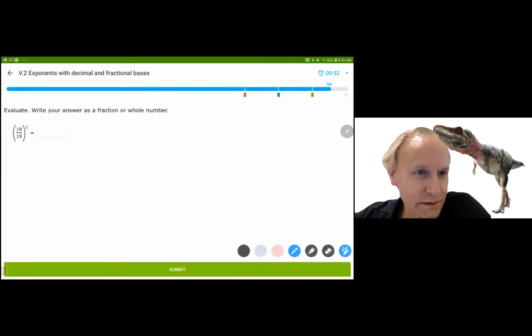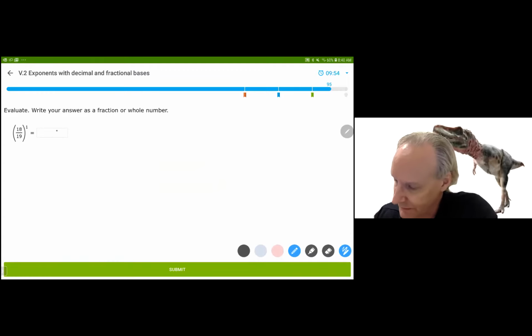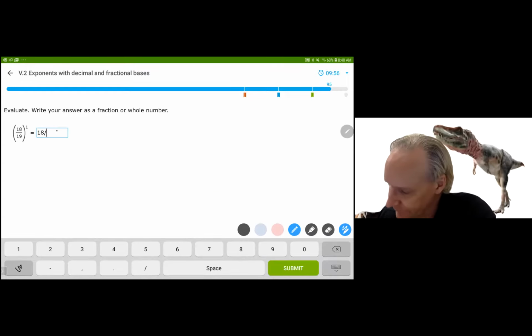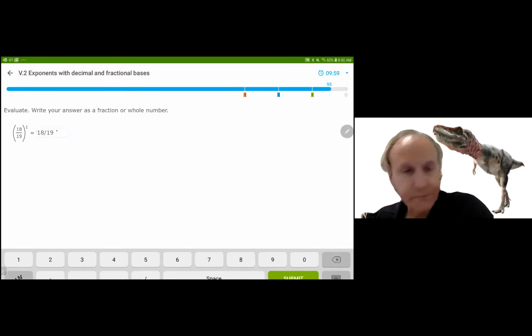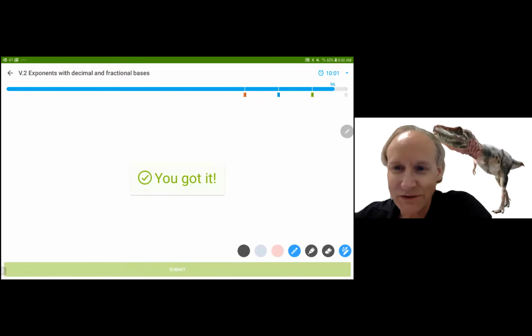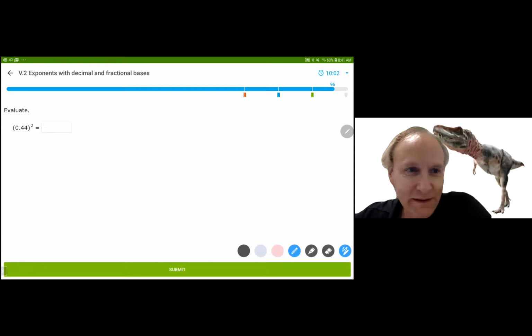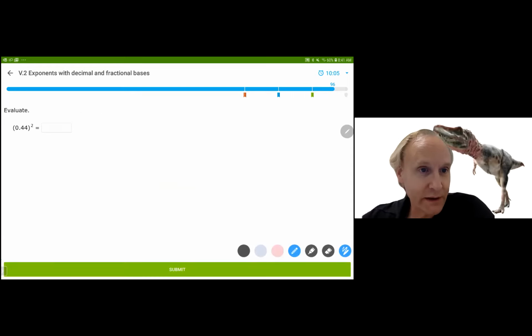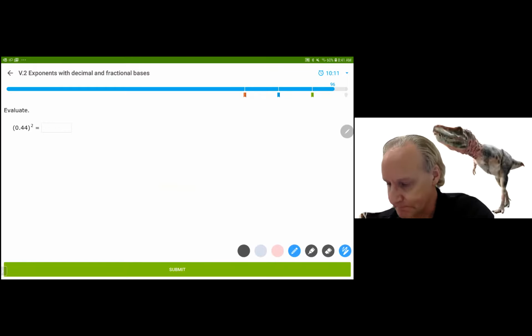And 18 over 19, nothing special there. Looks good. I like those first powers. Okay, squared. Oh, darn, I don't know 44 squared. But okay, I am going to do it. So what I'm going to do is I'm going to take 44 times 4. Now that's going to be 176.